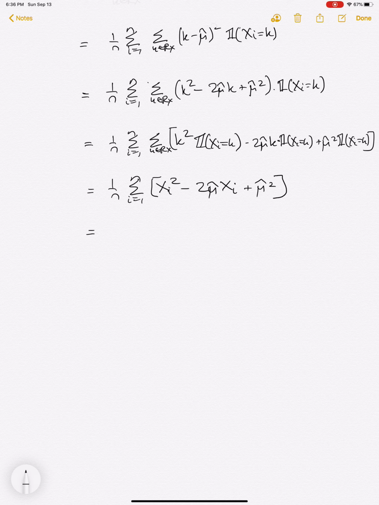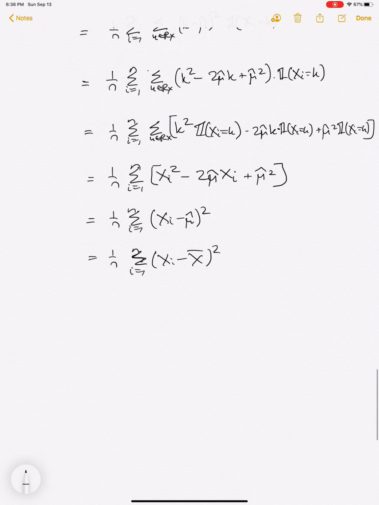And so when you complete this, you can rewrite this as, so we get something very, very similar to what we had before.